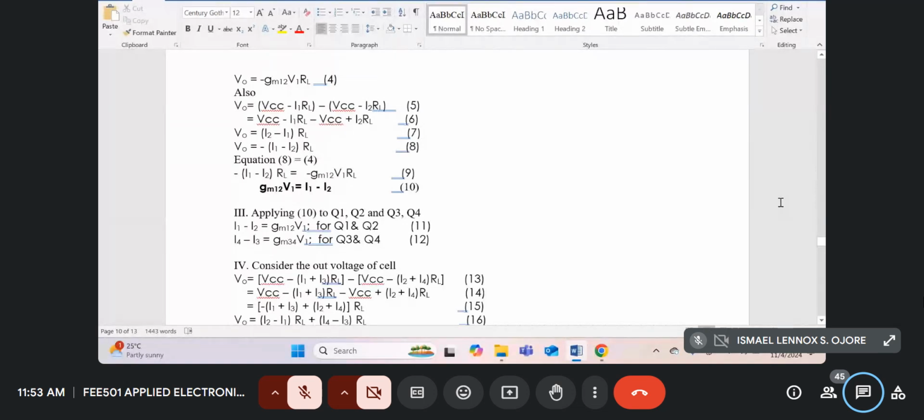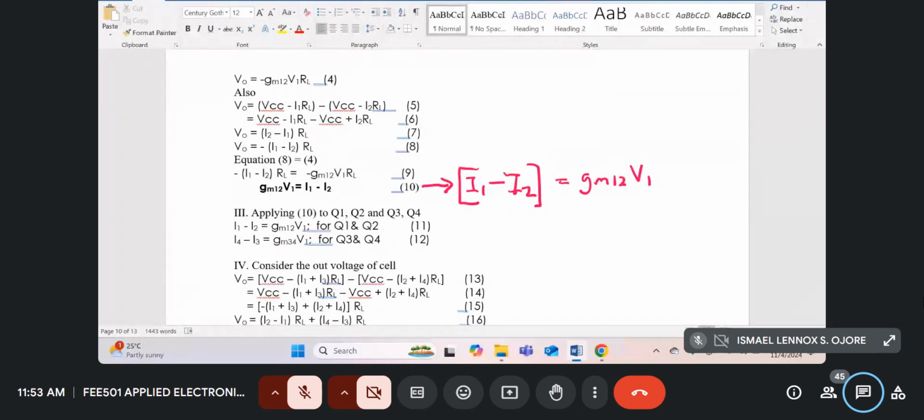So for 10, I'll be using it in this form: I1 minus I2 is equal to GM12 into V1. That's the standard form I'll be using it in.